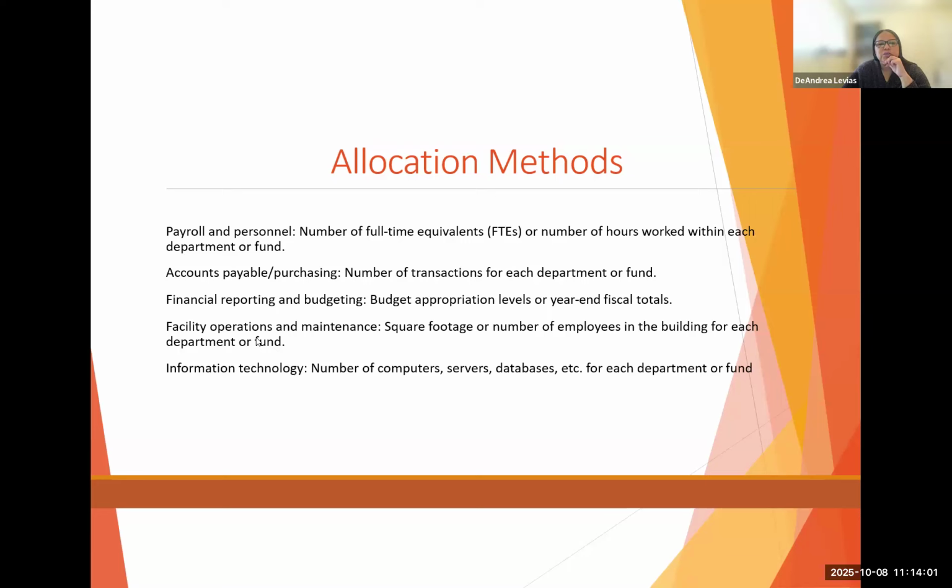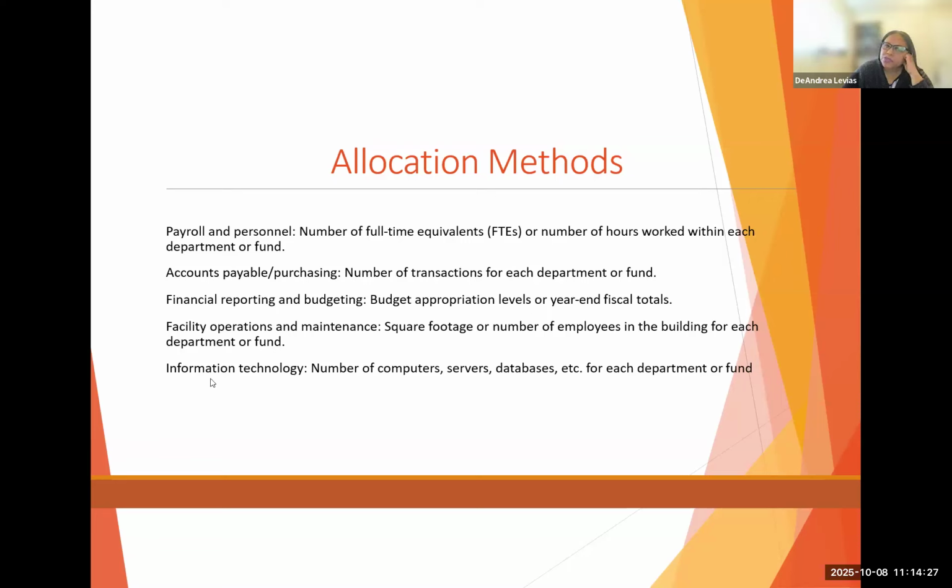Another way that you could do allocation is based on square footage. In that same example, if you have an office space with multiple offices, you would take the total square footage and then the square footage for program A staff, program B staff, program C staff, and do the allocation that way.